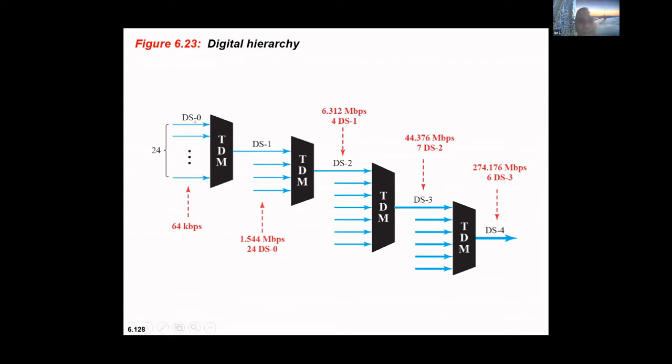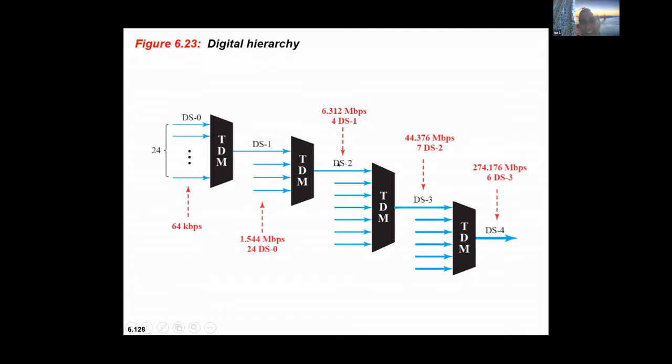Like in the other case, FDM, frequency division multiplexing, 24 lines are there. Each line is 64 kbps. So into 24, it is 1.544 Mbps.